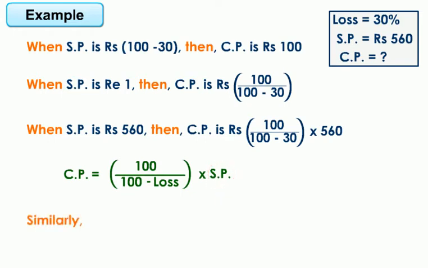Similarly, if a profit is made, we have the formula cost price equals 100 divided by 100 plus profit into selling price.